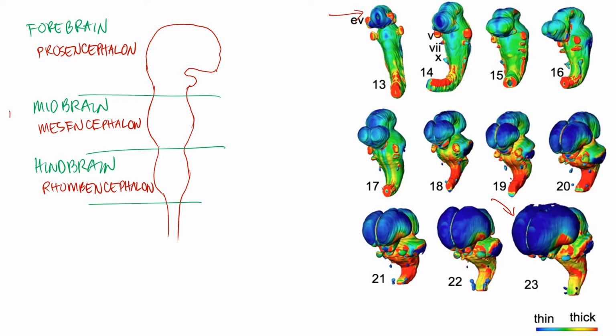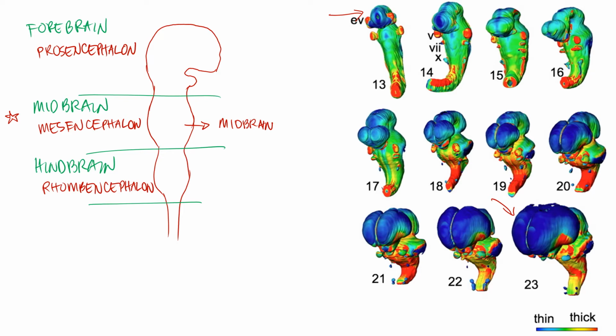Now, you don't have to worry about your midbrain because the midbrain develops into, of course, that same name, midbrain. And that is a very, very small part of your central nervous system.